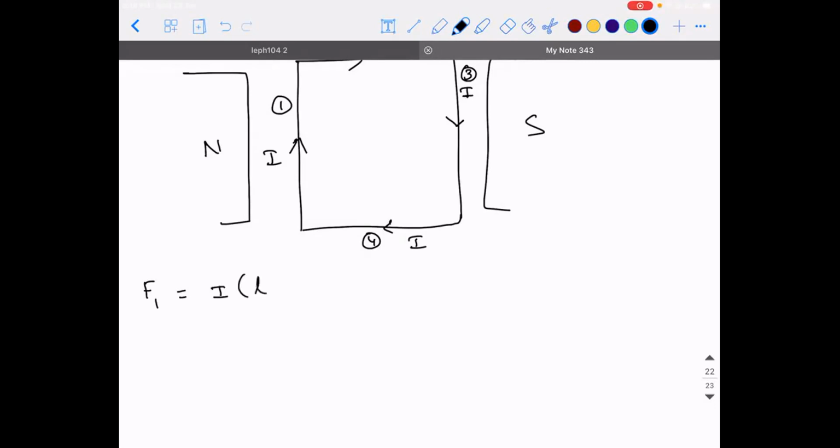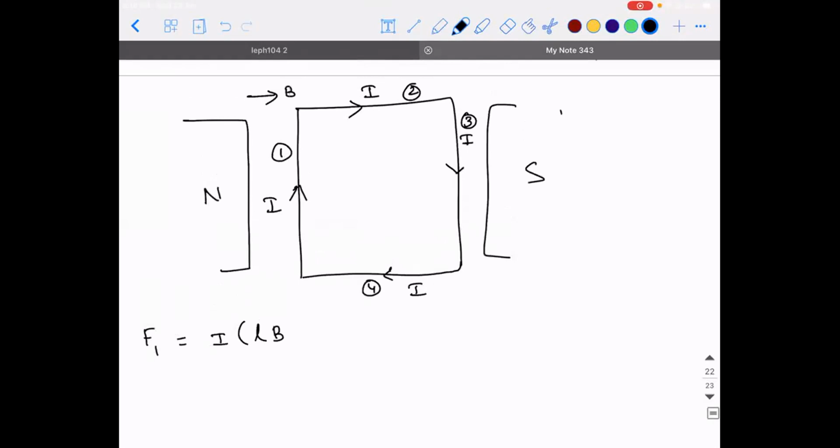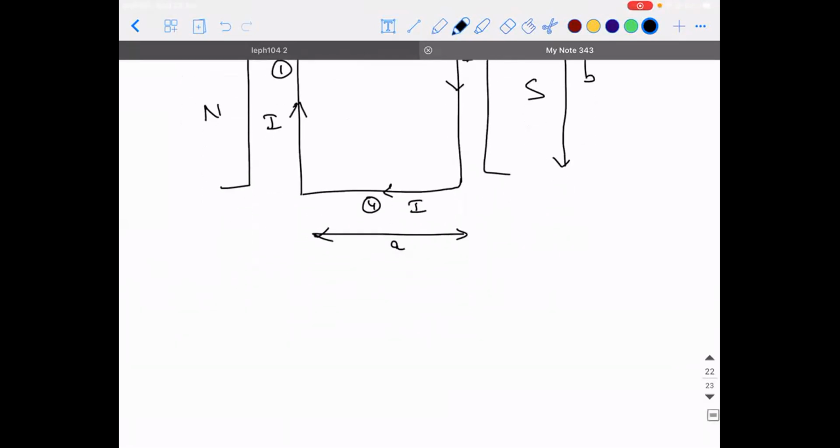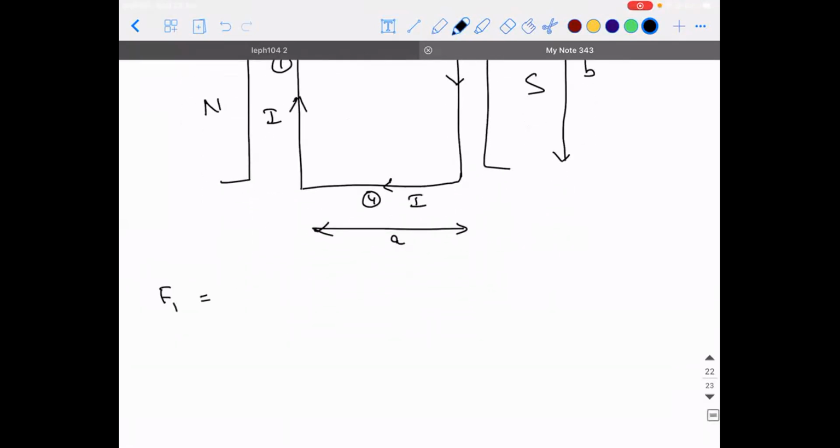I into L into B. And remember, this side is of value B and this side is of value A. Formula F is equal to BIL sin theta.